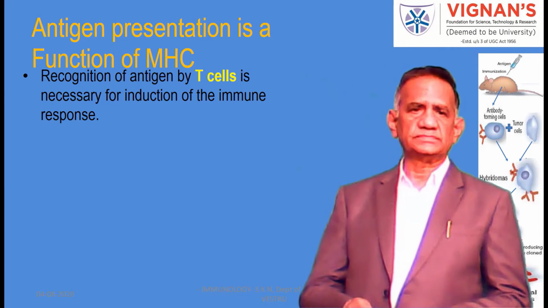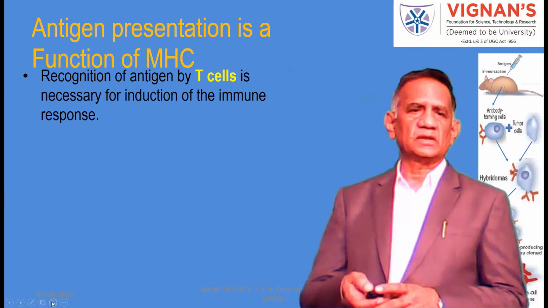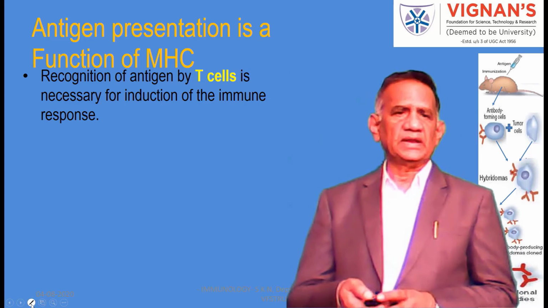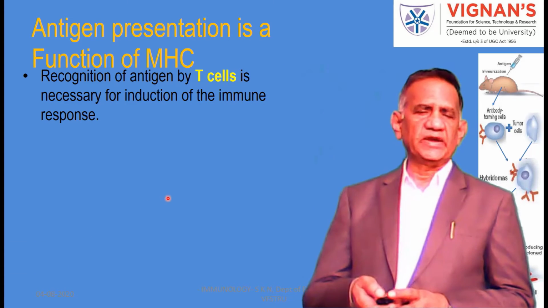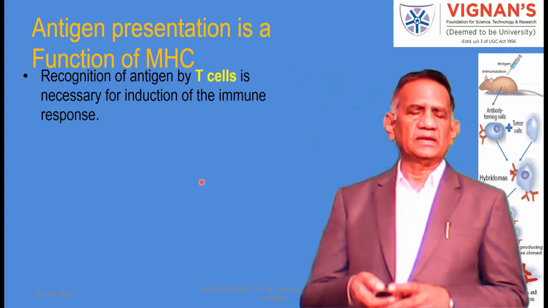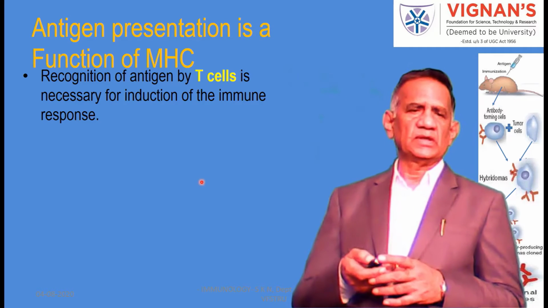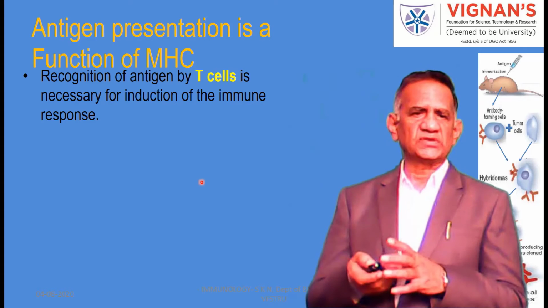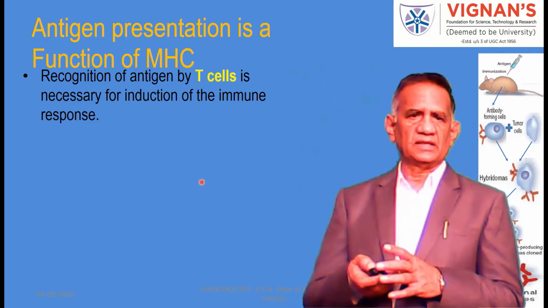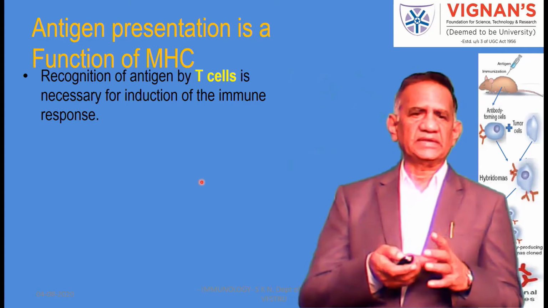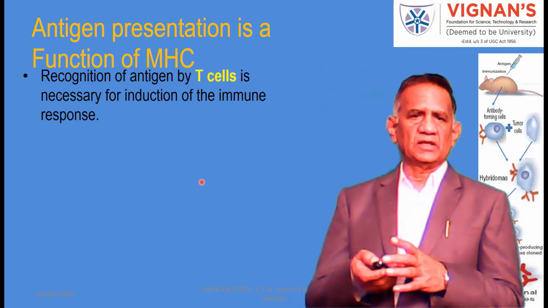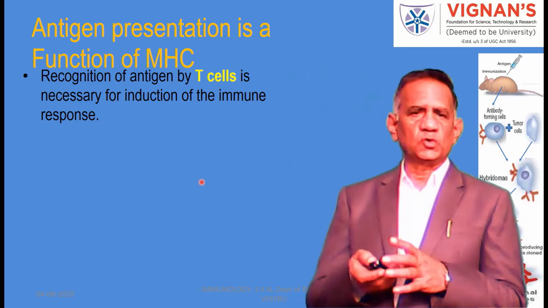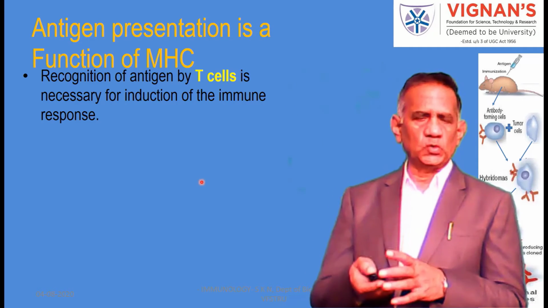So just now, we have gone through a very nice animated video wherein it is shown a bacteria, later a phagocyte, dendritic cell, and then the dendritic cell processing and presenting through MHC molecule 2.